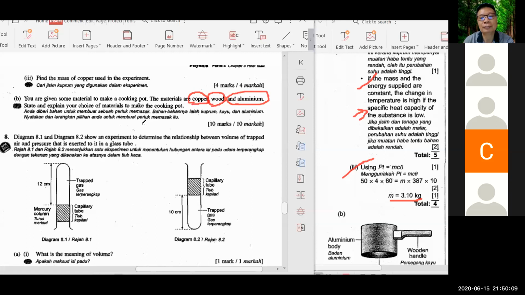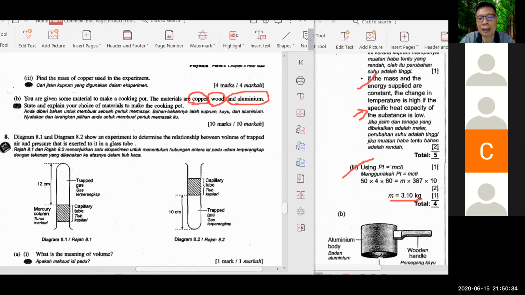Okay, tips. Definitely the wood will be used to make the handle of the pot, because wood will not get hot, isn't it? So wood can only be used to make the handle. You can see here now, it's already here, wooden.